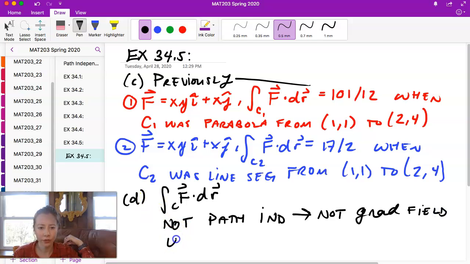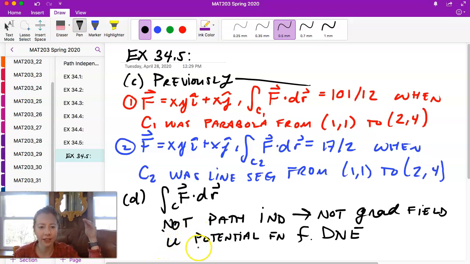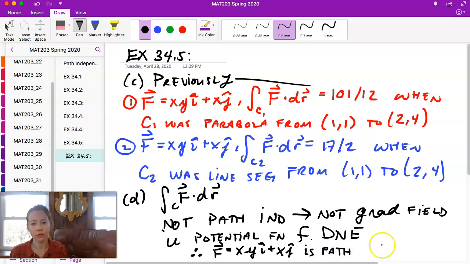So in other words, the potential function f does not exist. So the vector field is path dependent. Therefore, the vector field f equals xy i hat plus x j hat is path dependent.